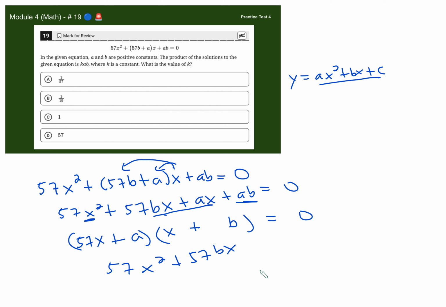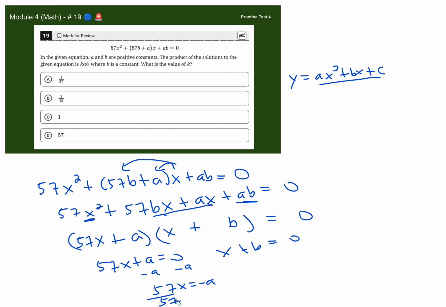Okay, so now we're going to set everything equal to 0. So we're going to do this piece right here, 57x plus a equals 0, and x plus b equals 0. Then here you're going to go minus a, and you're going to get 57x equals negative a, divided by 57, divided by 57.